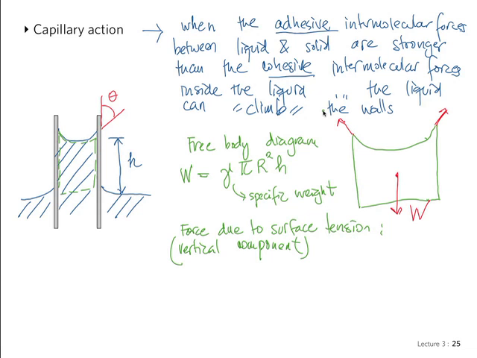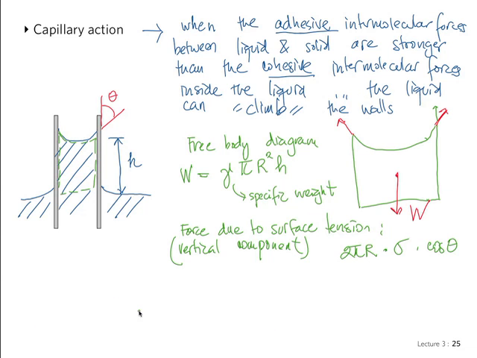That line of contact is the circumference, looking from above, of that little tube. So it's 2 pi r, that circumference around, times the surface tension, but I'm taking just the vertical component, so I'll multiply by cosine theta. This is the simplification we made before. Now we're considering it: the vertical surface tension is acting multiplied by cosine theta.